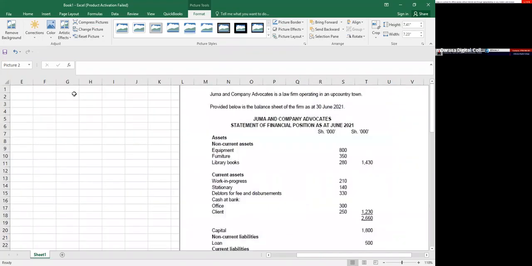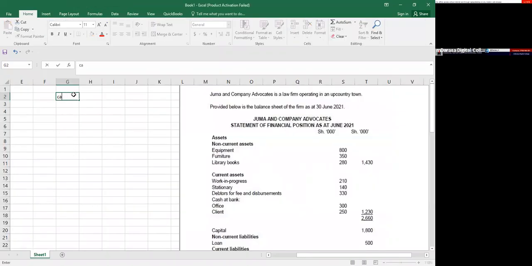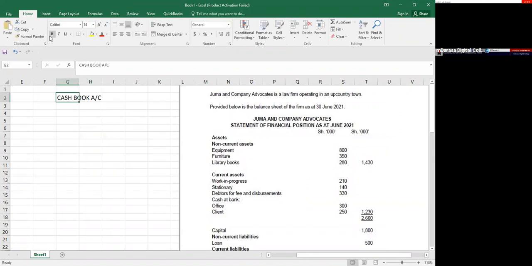I need to prepare our cash book account. So therefore, my cash book account, I should be having it here. Let me increase my font so that you should be able to view it clearly. So you're having cash book account, okay?